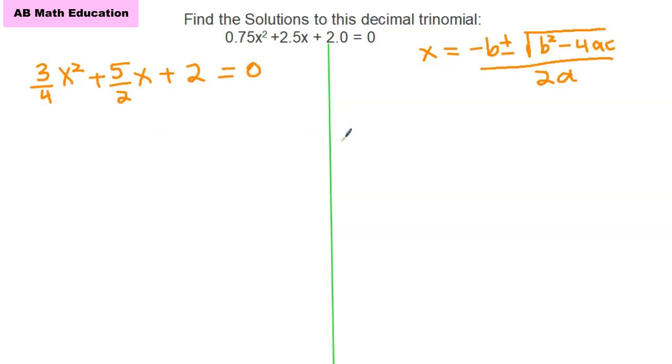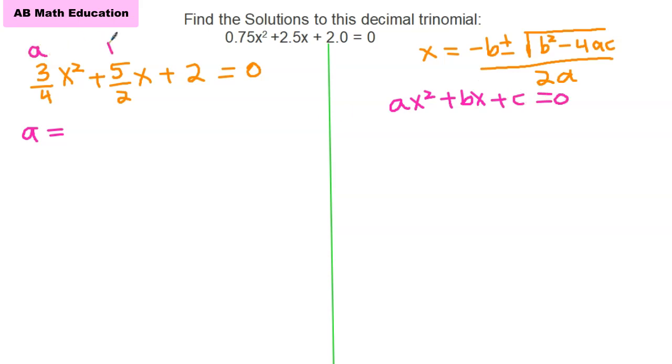Here, since we are using the formula, we need our a, b, and c. We are comparing it to the standard equation to get our a, b and c. I have done a lot about this, so you can check the playlist.